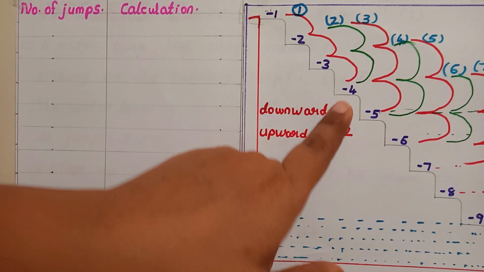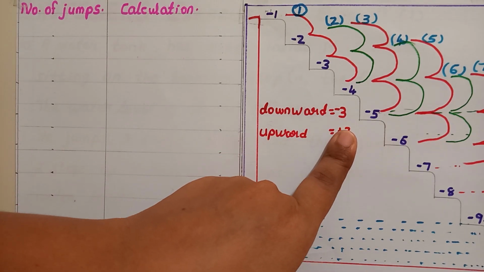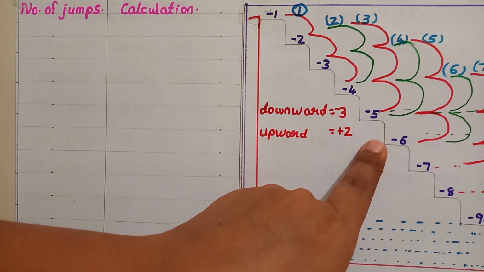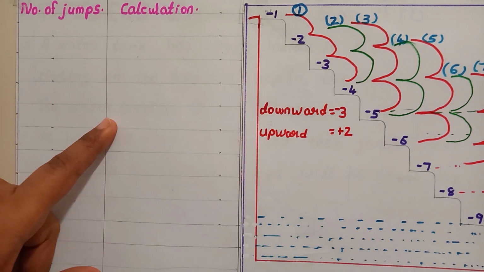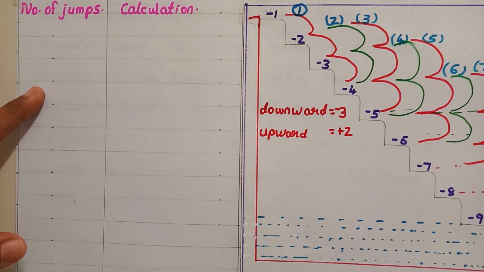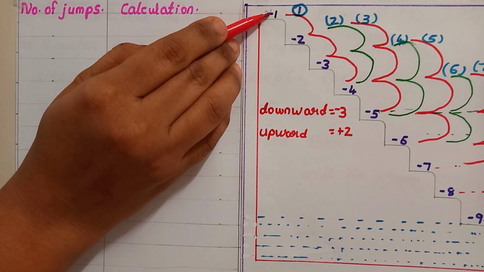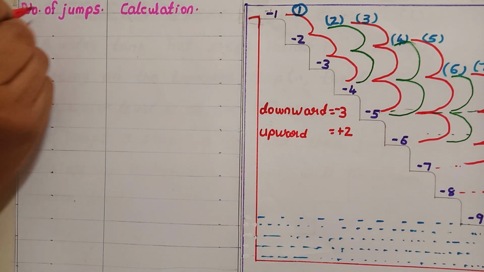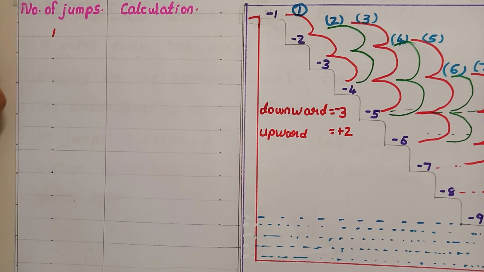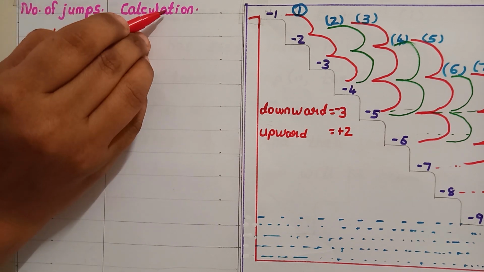This is not an easy way while we are doing this problem during our exam. So we want a calculation method. For the calculation, first jump: he is starting the first jump from minus 1.